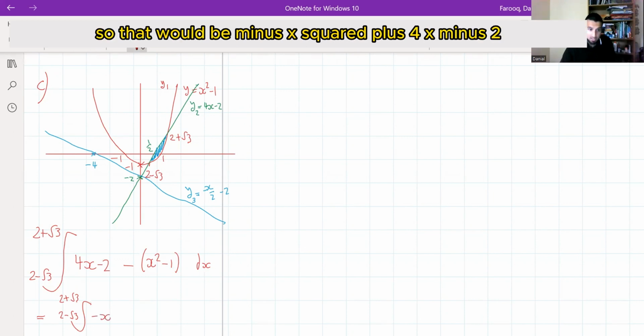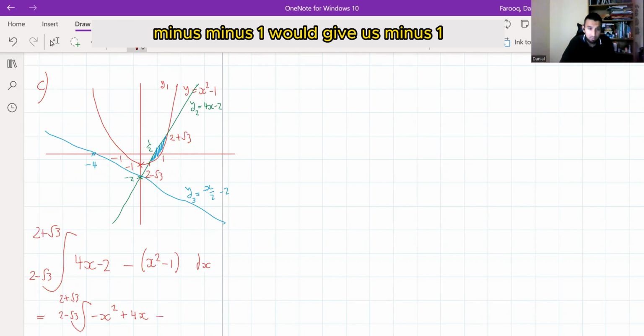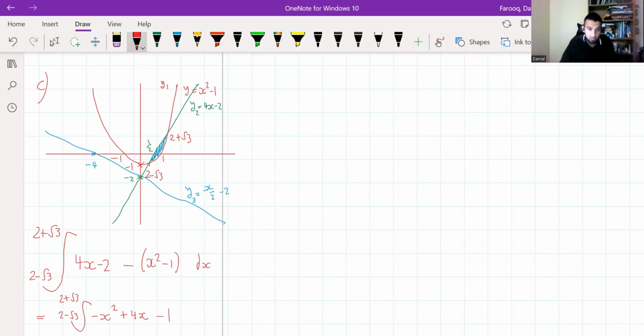So that would be minus x squared plus 4x minus 2 minus minus 1, which gives us minus x squared plus 4x minus 1, and the dx.